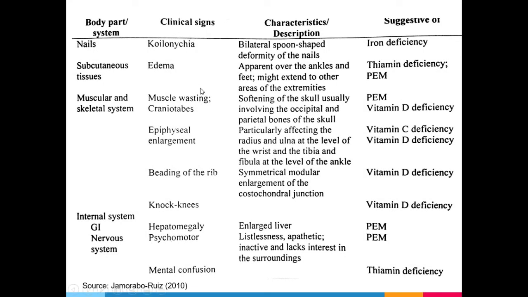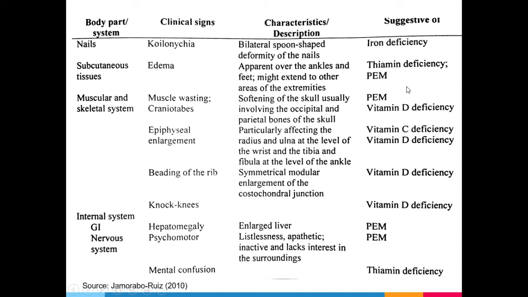So mao nitong akong na-introduce sa chapter 1. By just examining the physical features of the person, we can infer whether or not these patients have these clinical signs suggestive of nutritional disorders like iron deficiency for koilonychia or spooning of nails.